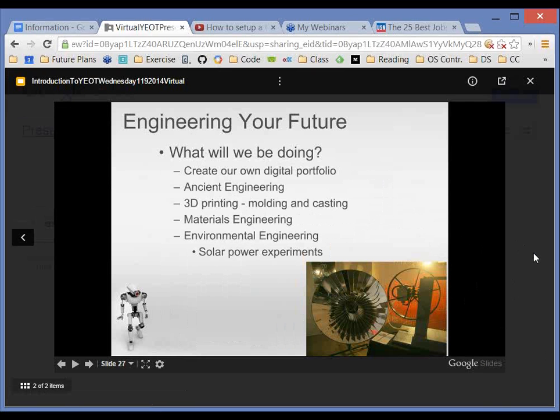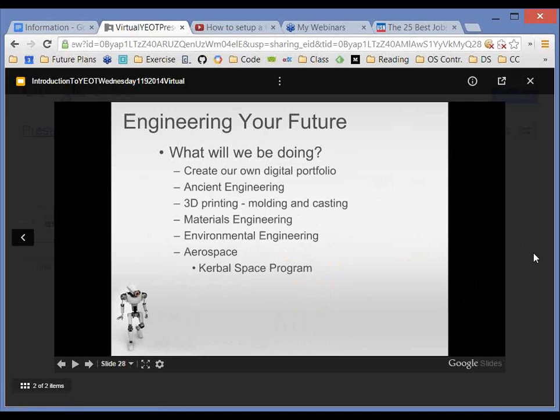And we'll go into environmental engineering, learning about solar power and doing some experiments with that. And yes, we'll get into aerospace as well using the Kerbal Space Program, which here is a lot better. And then we'll get into some programming with Java and using the Unity game engine, which is a really cool, really easy way of creating a world, and really getting into the world quickly.